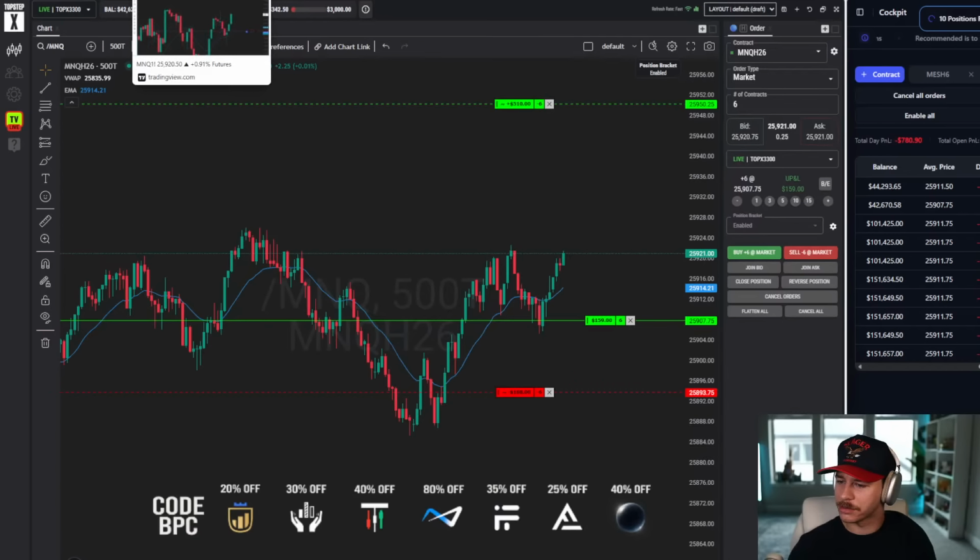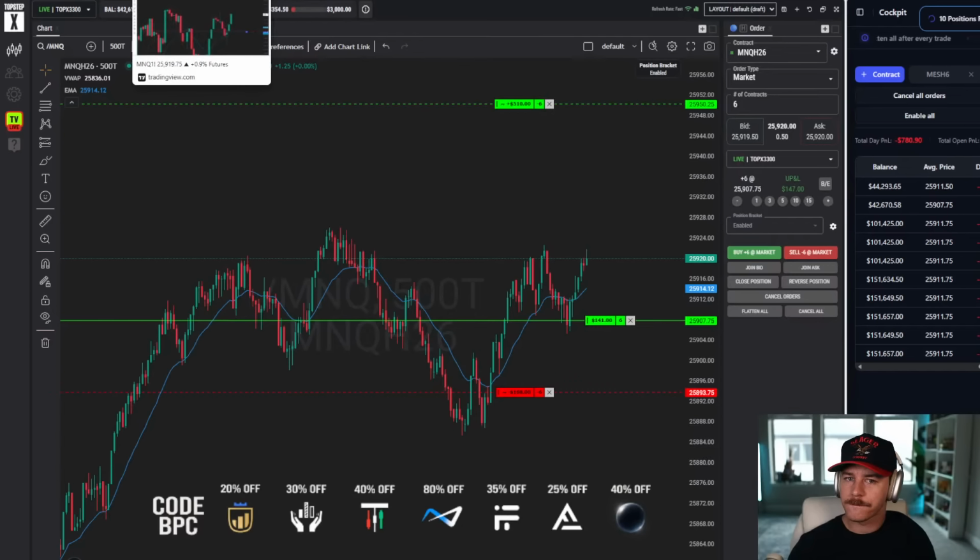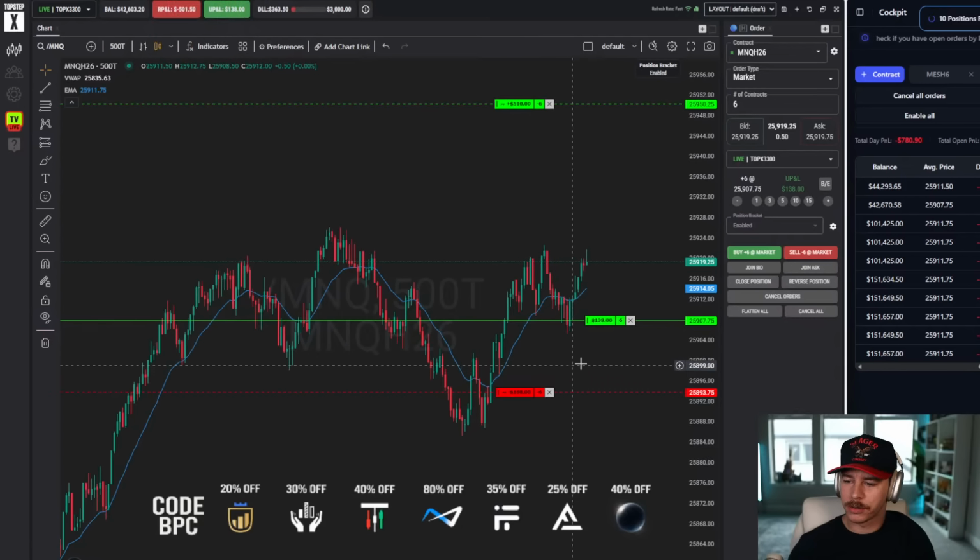There goes 920s. Can we run 920s here? Do we have the volume to see the breakout?